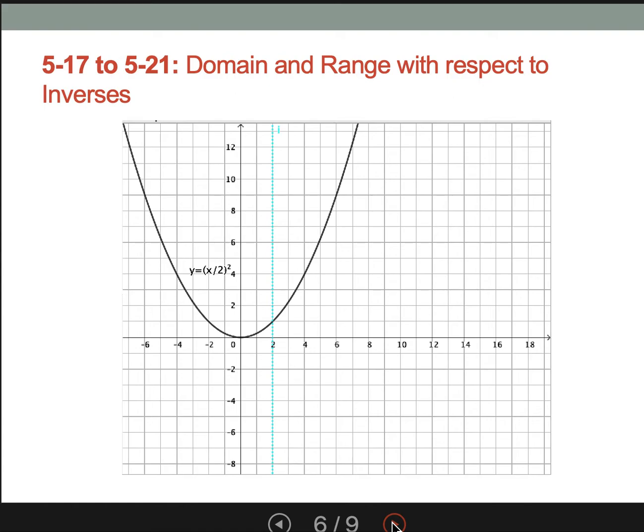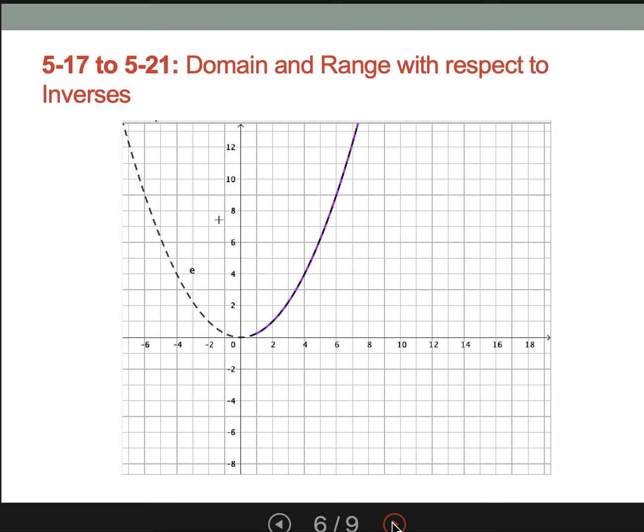Here's our original function. Let's trace just when x is positive. Sorry for the delay, folks. Then you just get this part, like this half upwards parabola.